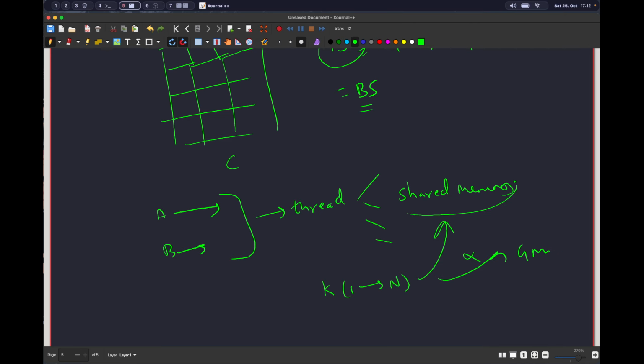So this is the only benefit of it, but it is a huge one, that when we are fetching elements of, let's say, I comma k and k comma j, all these elements, instead of reading from the global memory, can be fetched directly from the shared memory as well, right?